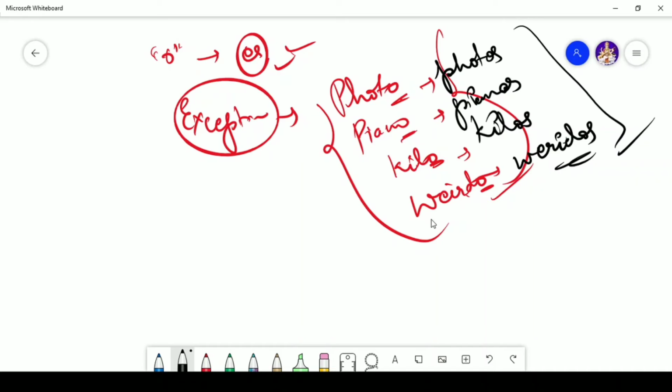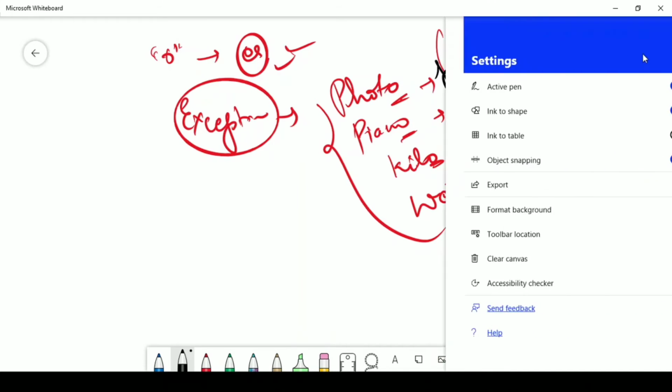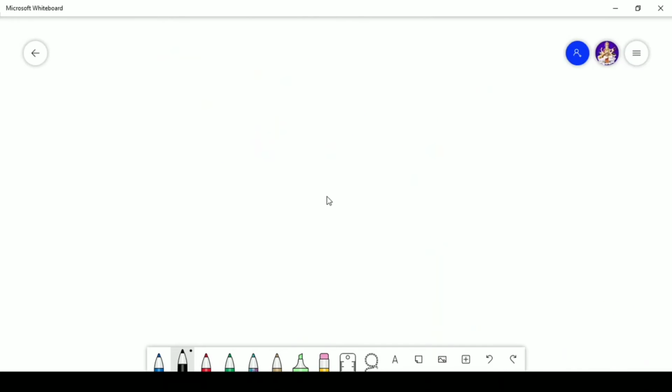But in these 4 exceptional cases, you are going to use simply s at the end of the letter O. Got it? Now let's continue talking about the 7th rule.